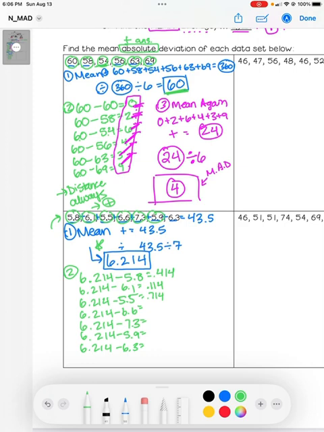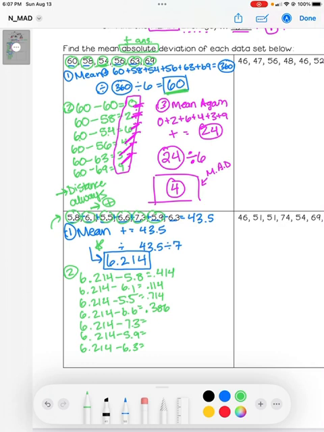I need 6.214 minus 6 6/10. That's a negative answer, but because we're concerned about the distance, which is always positive, I'm going to ignore the negative sign and just write 386 thousandths. Then I need 6.214 minus 7.3. Again, this answer is negative, but I'm concerned about distance, which is always positive.